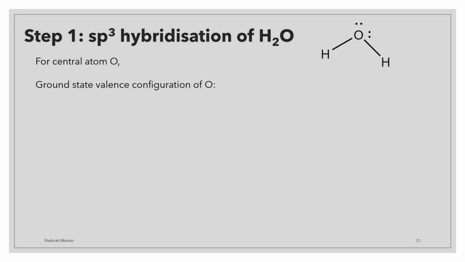So to show the sp3 hybridizations of oxygen in water, kita akan start dengan menulis ground state valence configuration of oxygen iaitu 2s2 2p4. So here we have 6 valence electrons. So from the valence electrons, kita ada 2 elektron yang tidak berpasangan, okay, single electron, dan 2 pasang lagi yang berpasangan.